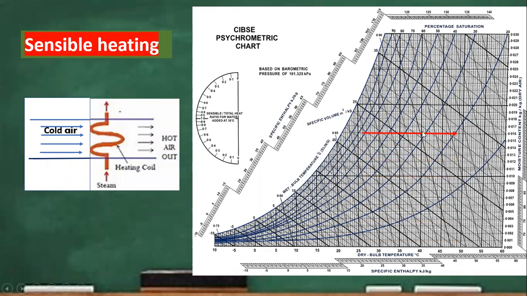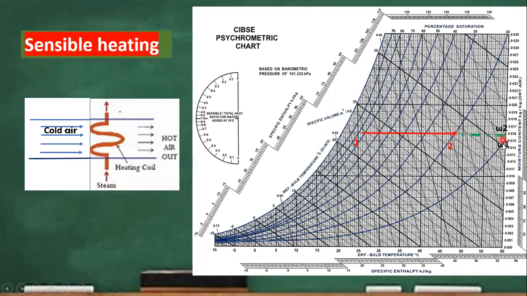This is a sensible heating process because it is represented by a horizontal line on the chart, because here only the temperature increases and the moisture content remains the same. During 1 to 2, the moisture content remains the same. This green color indicates moisture content, with the value omega 1 at point 1 and omega 2 at point 2.